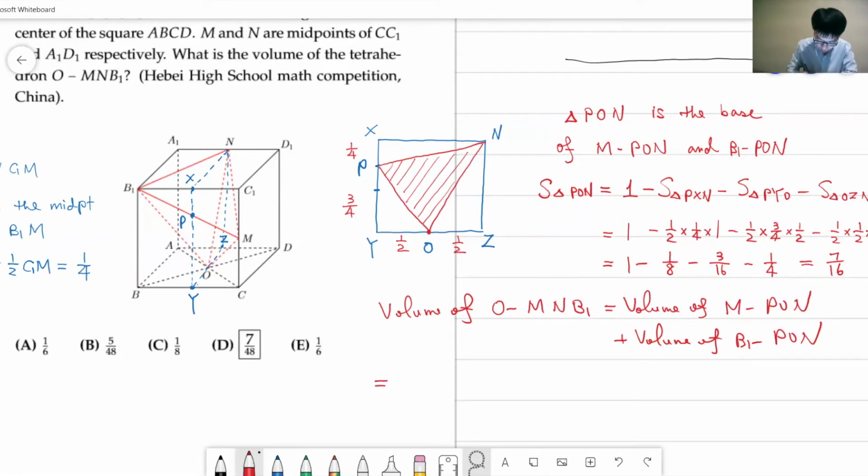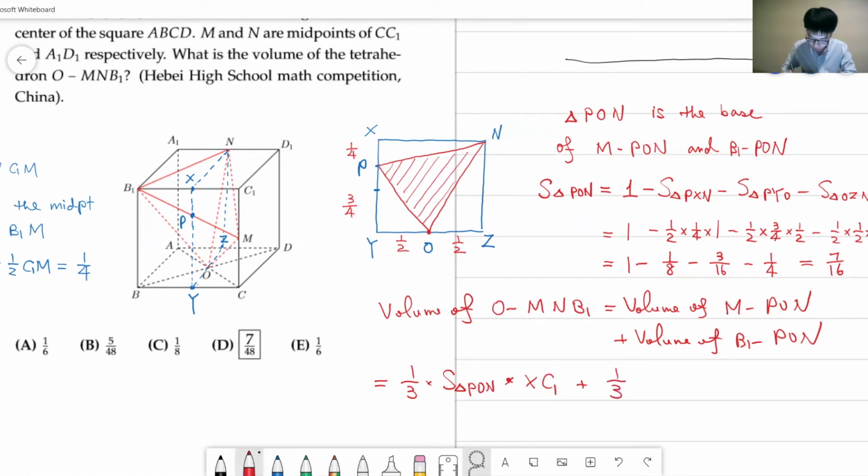So the first corresponds to 1/3 times the area of triangle PON times the height of MPON, which is XC1.